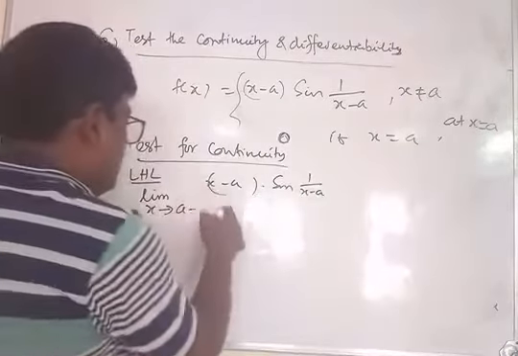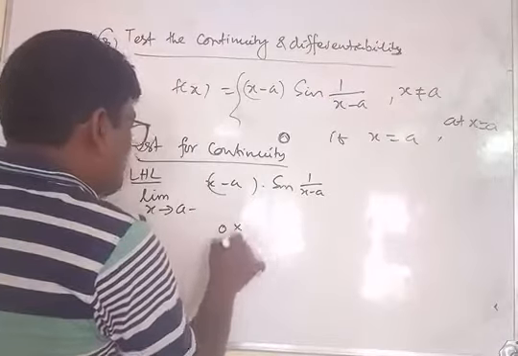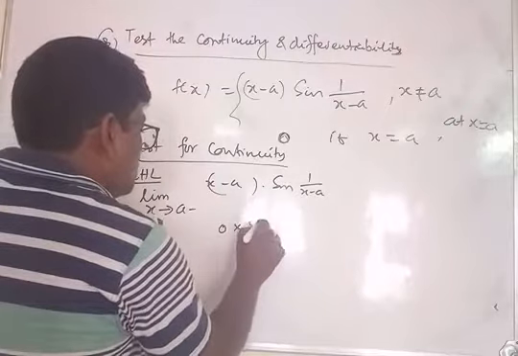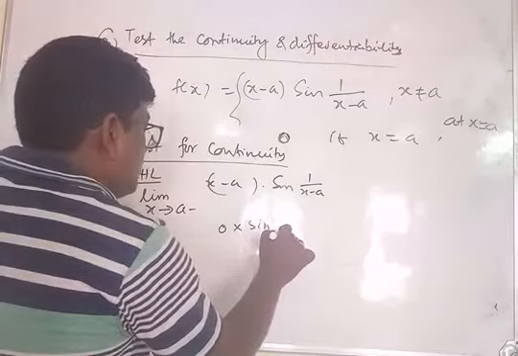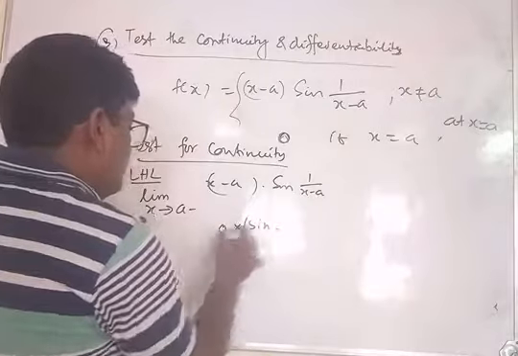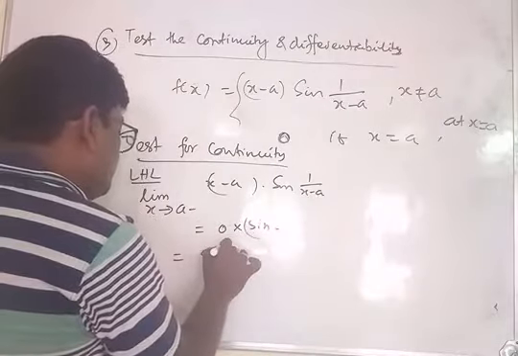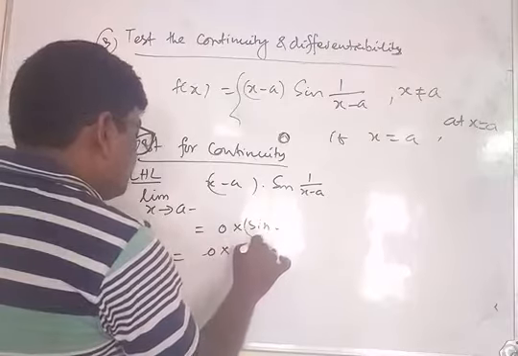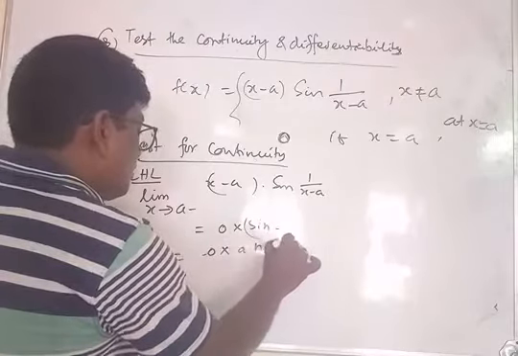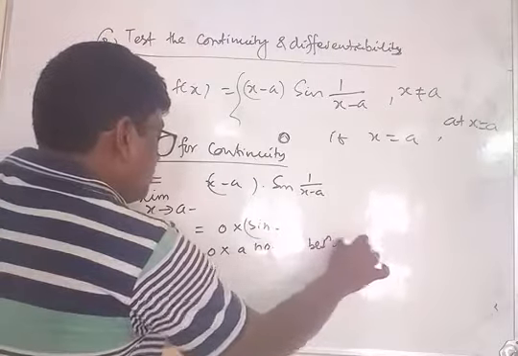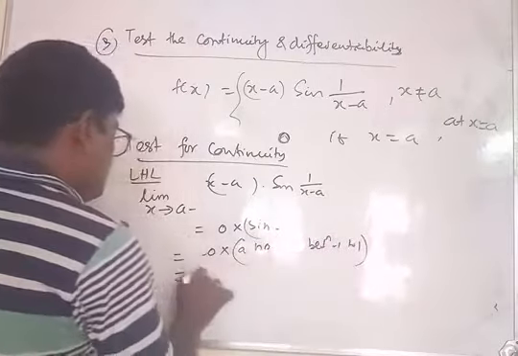Put x is equal to a here: 0 into a number, 0 into sin infinity, that is a number, 0 into a number lying between minus 1 and plus 1, which is equal to 0.